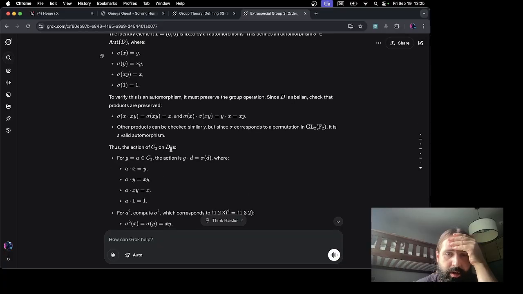So the action of C3 on D is for G equals A. The action G, D, okay.